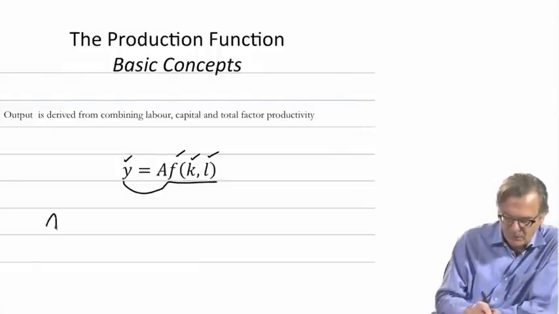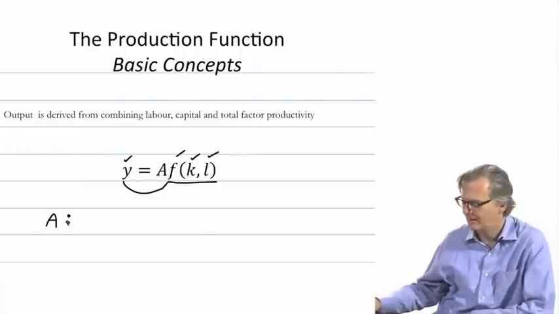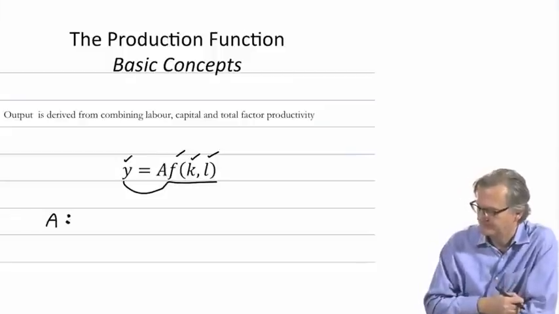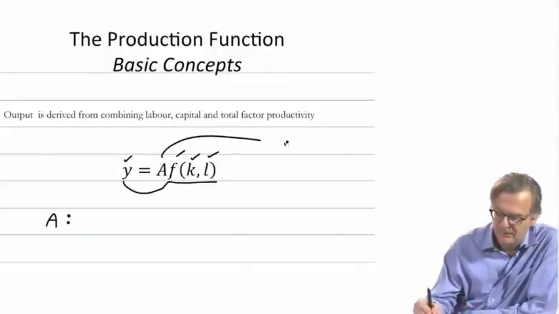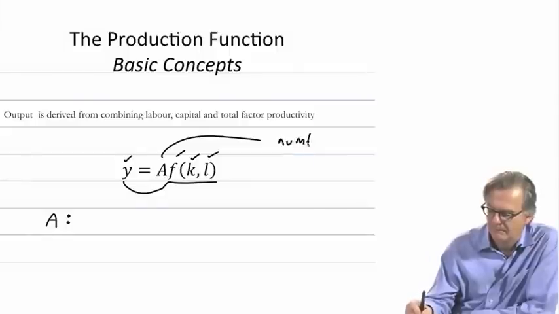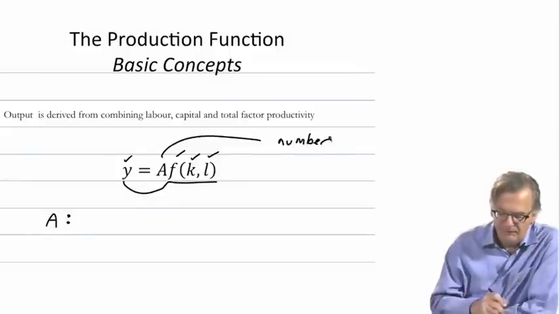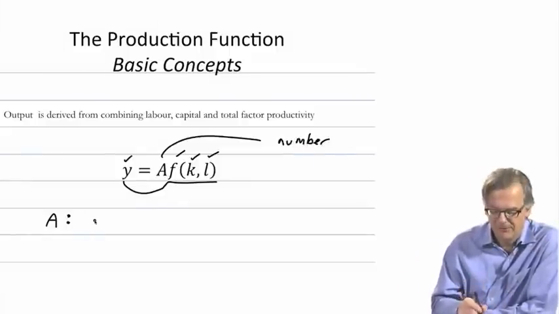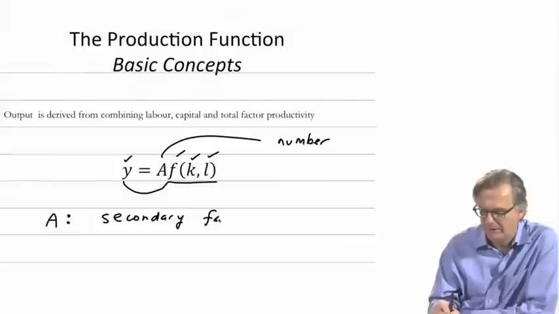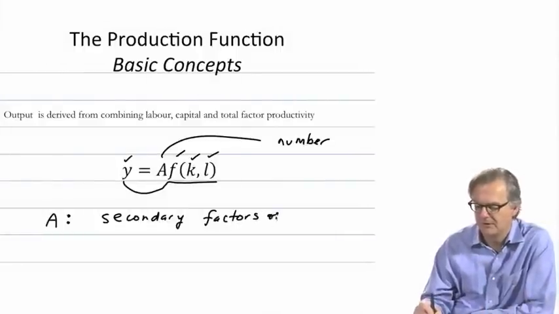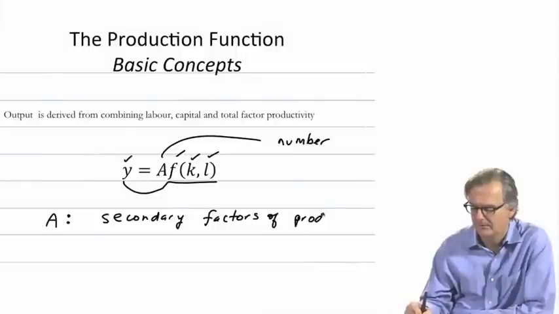That leaves one part of that expression that I haven't talked about yet, and that's capital A. Capital A is a number. And the value of that number represents all of those secondary factors, or if you like, represents the combined influence of all of those secondary factors of production.